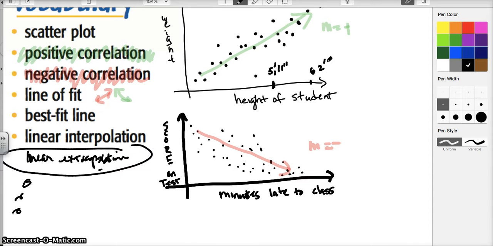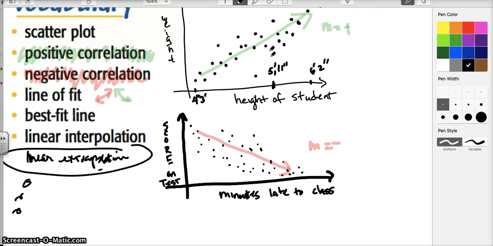I'm just making stuff up, people, but you get me. And over here, I've got one of my shorter students at 4 foot 3 inches. All right. Let's say this was my situation, and I wanted to figure out what is the approximate weight given my class data of a student who is 5'11".